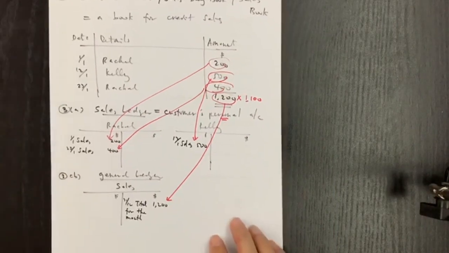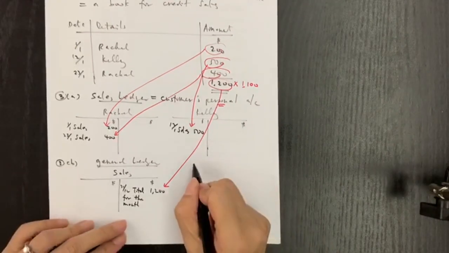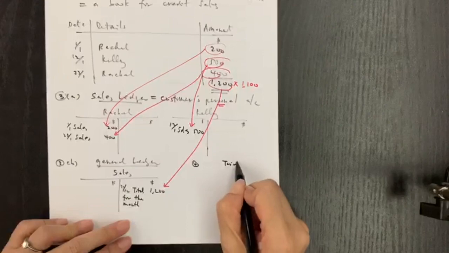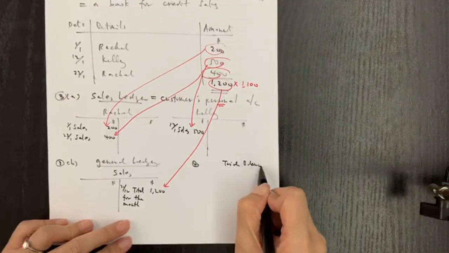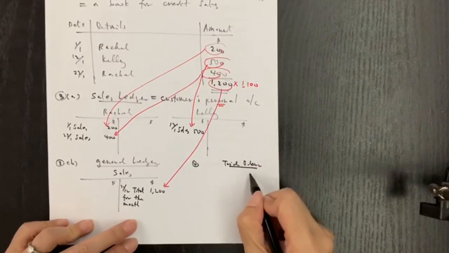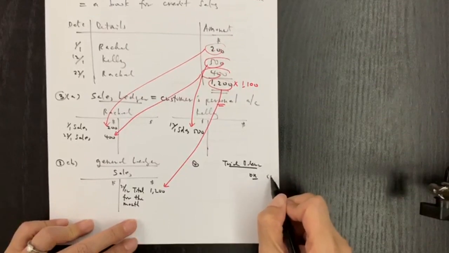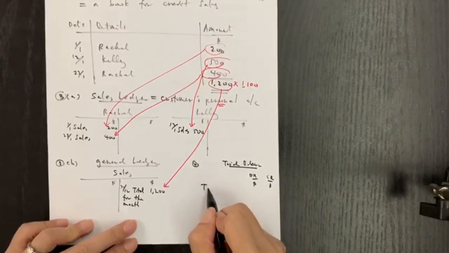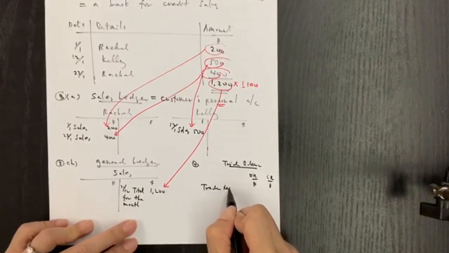All right, now point number 4. So step 4 or point number 4. Let's look at the effects in the trial balance. And in the trial balance, I have debit column, credit column, dollar sign, dollar sign. All right, and now look at trade receivable.